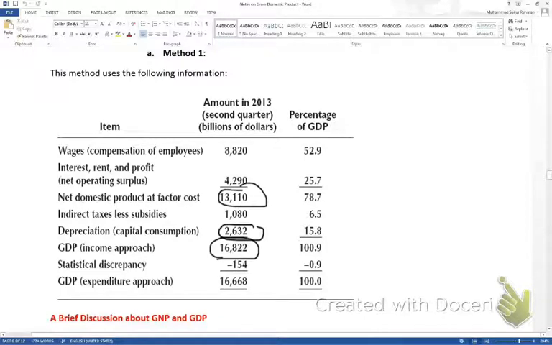There are a lot of mistakes in GDP calculation, and we sometimes assign a statistical discrepancy, which is a monetary number that has to be added or subtracted to get the GDP in the expenditure approach. So in method number 1, you can calculate GDP by using the income approach. You can also calculate GDP by the expenditure approach. The distinction between GDP in these two approaches is the statistical discrepancy. So please be aware of that.